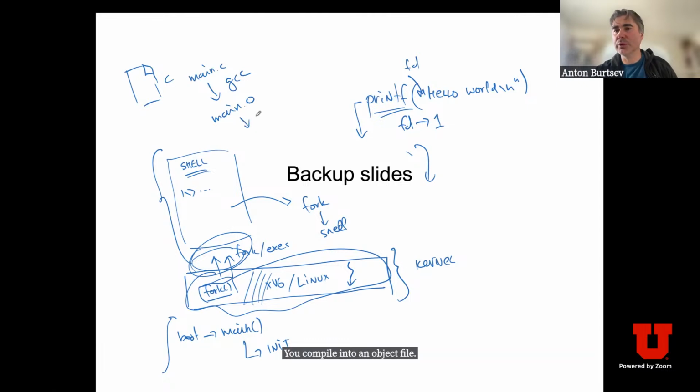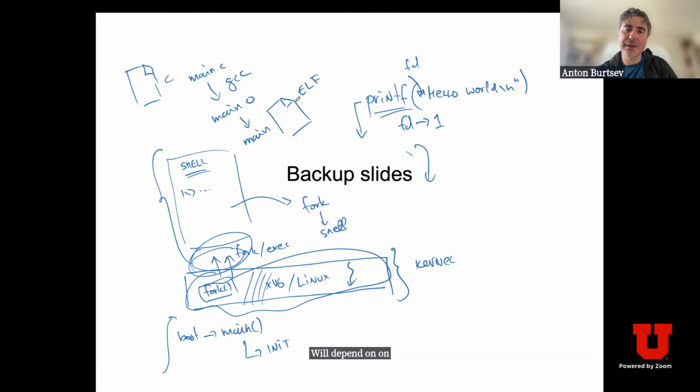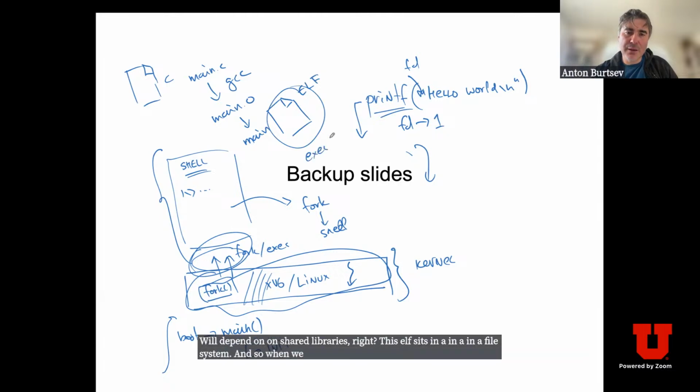Then you link it, and at this point it's an ELF file, maybe linked with system libraries, or maybe depending on shared libraries. This ELF sits in a file system. And when we exec this file, exec will load it and start running main inside the process.